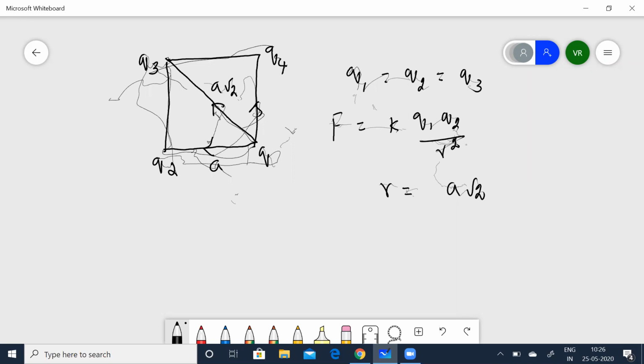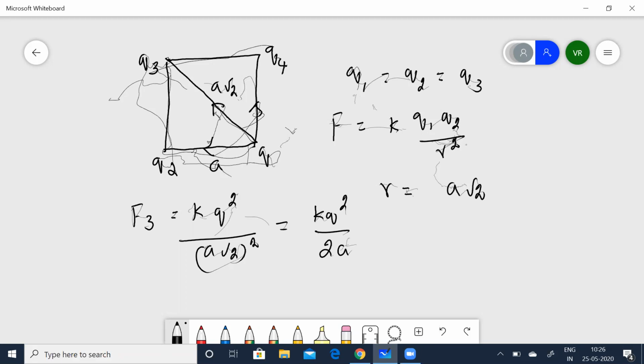Now the force F3 is given by k q squared divided by a root 2 the whole squared, which is equal to k q squared by 2a squared. Let us keep this as 1.